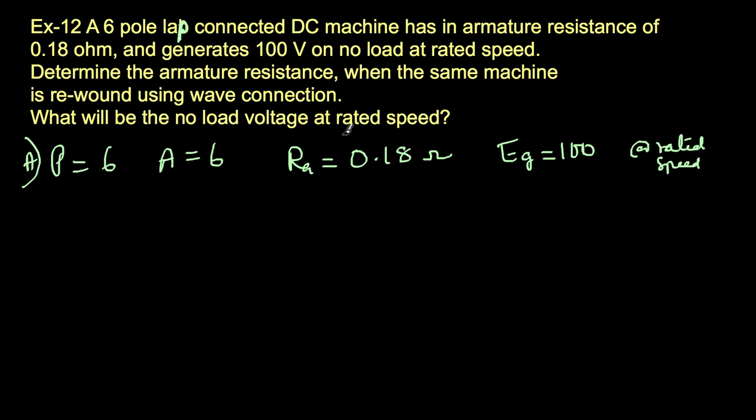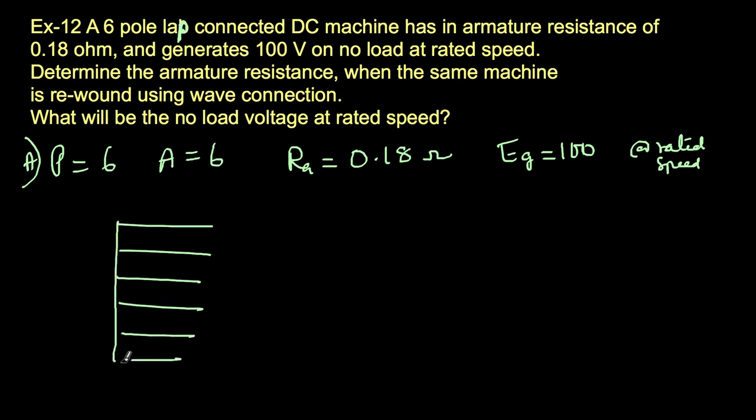What will be the no load voltage at the rated speed? Let's do this. Now there are 6 parallel paths, say 1, 2, 3, 4, 5, 6. These 6 parallel paths combined together give an RA resistance of 0.18 ohms.